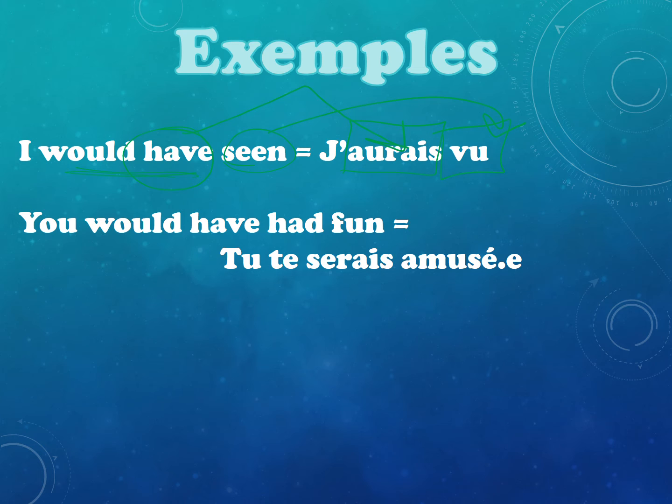Tu te serais amusé(e). To have fun, remember, is s'amuser, and that's where this te comes from. All pronominal verbs, all verbs that have this se, use être in all of the composite tenses. So you have to have the conditionnel of être and then your past participle, amusé. This (e) here is really important.